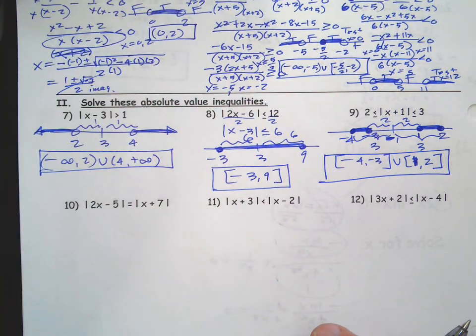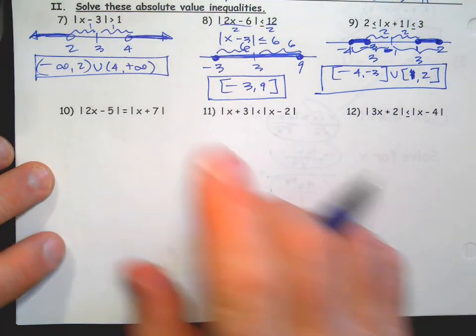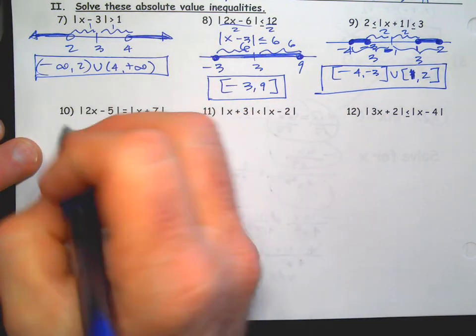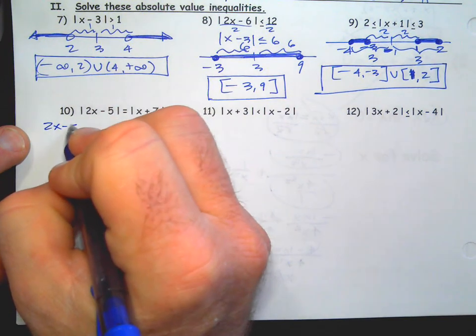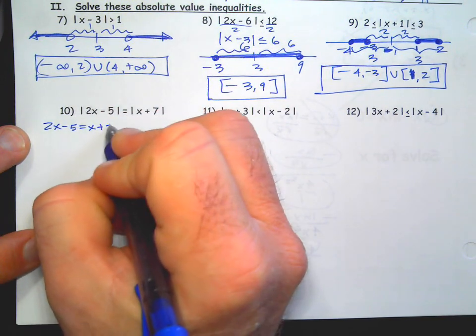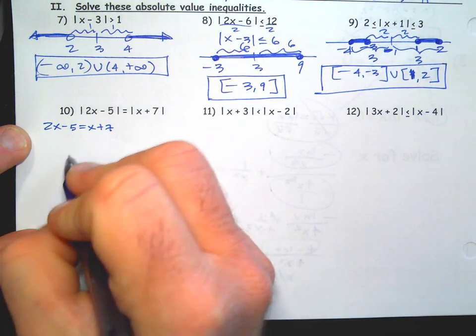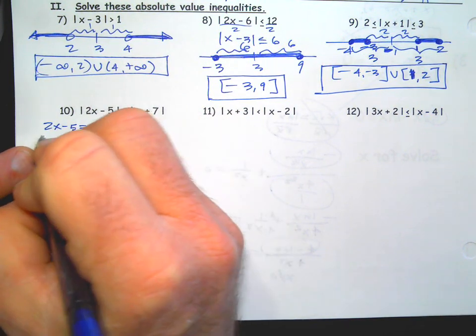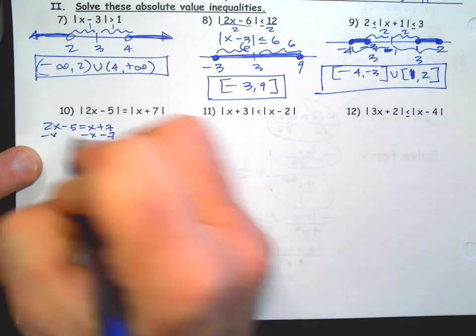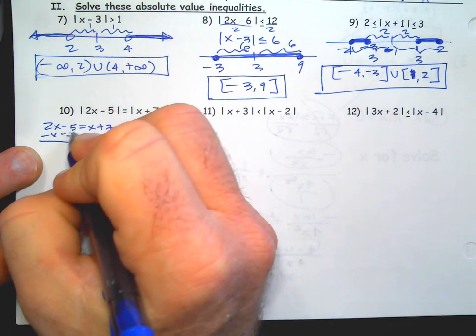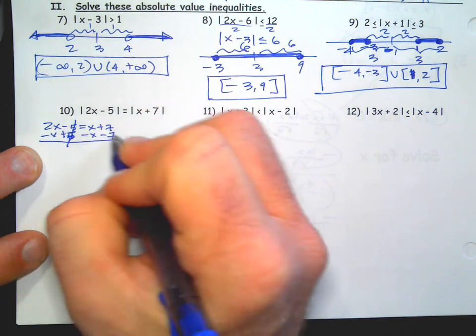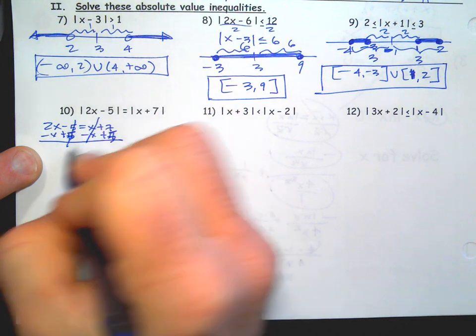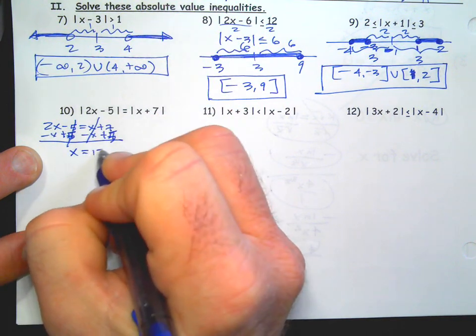There you go. Now, absolute value equations, you could square both sides. I wouldn't do it. I would just do the inside of one equals the inside of the other. And then solve that one. So x equals 12 is one of your answers.